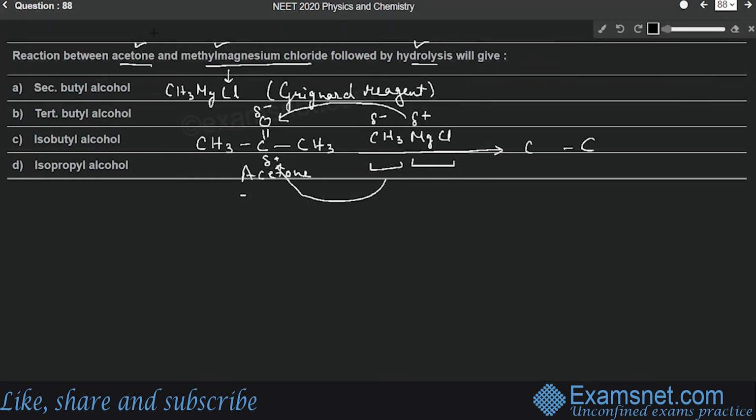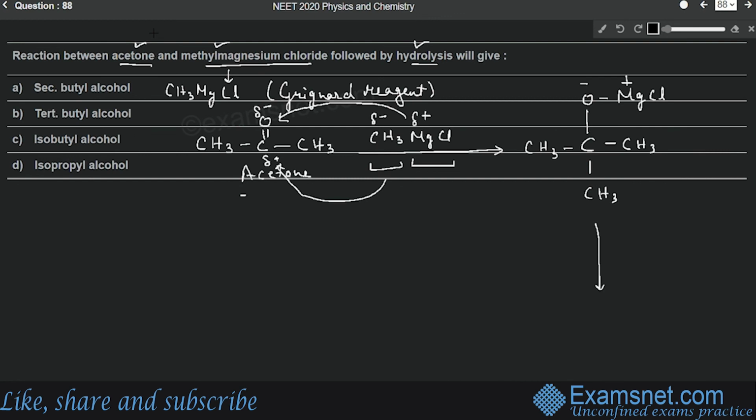Carbon, CH3, CH3 was already there, one more CH3 will be added here, because the methyl group has attacked this carbon. Now here we had an oxygen earlier, and what will be added to this oxygen? Magnesium chloride will be added, while oxygen has a negative charge whereas magnesium has a positive charge. Now this is the first step.